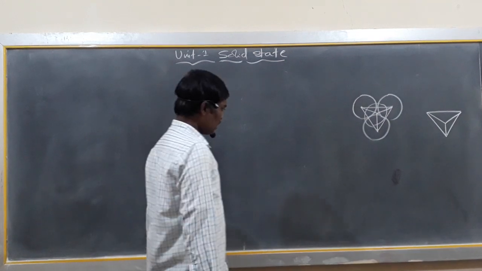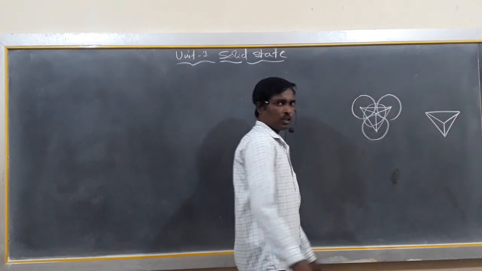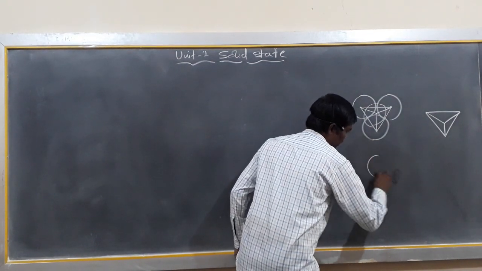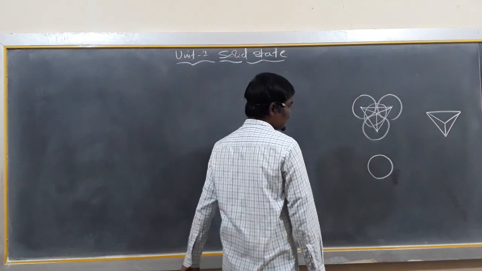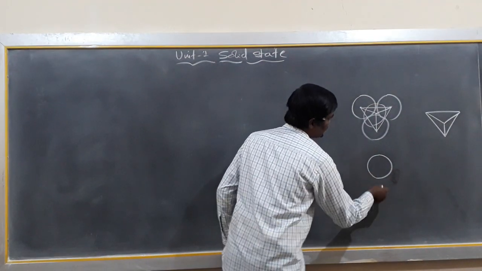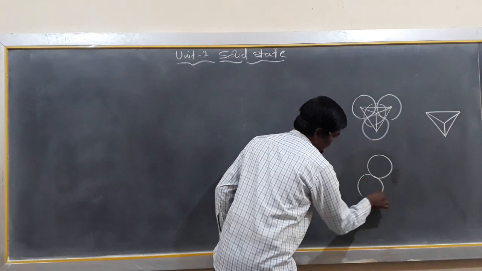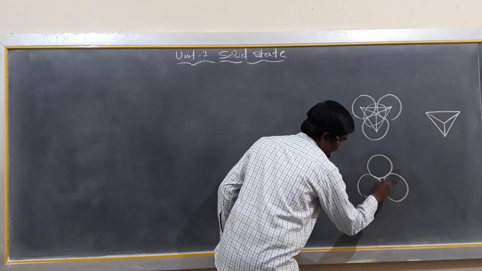Similarly, there is another type of arrangement which forms the octahedral voids. So octahedral voids are formed by the B type of voids. This is the B type of voids.